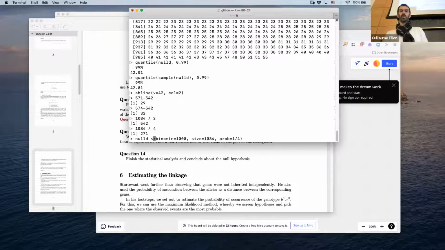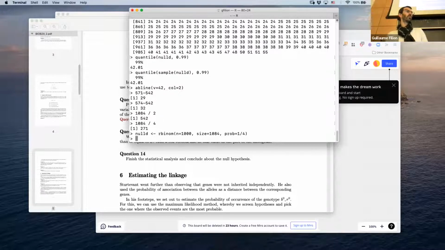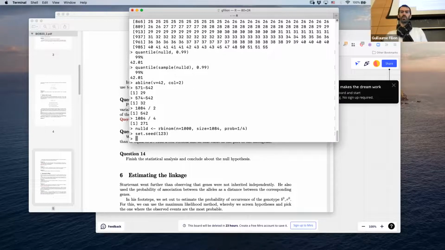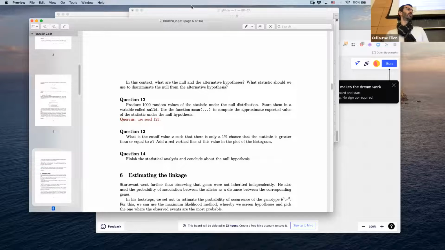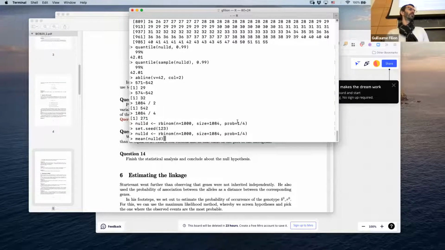And I will need to put the set seed trick as usual. So set seed 1, 2, 3. And now if you've done this, you have exactly the same null distribution as I do. And we can compute the mean of null d, the null distribution of the, I did it wrong, sorry about that.